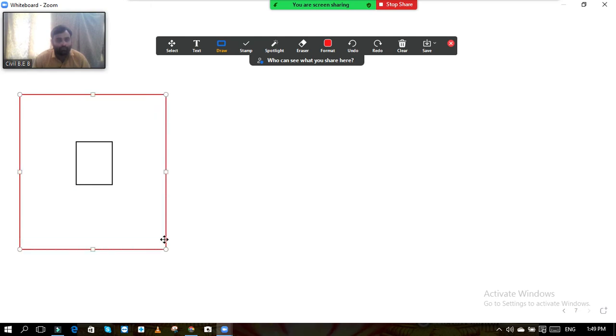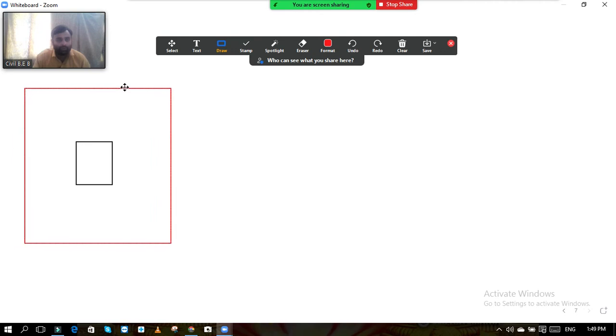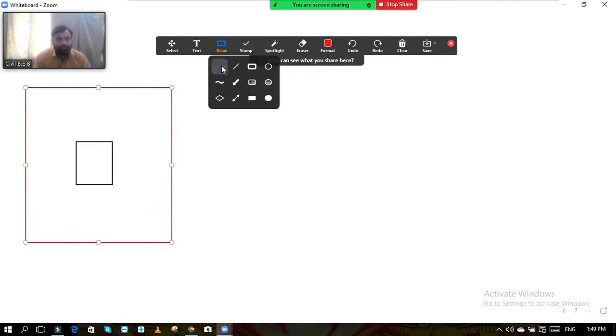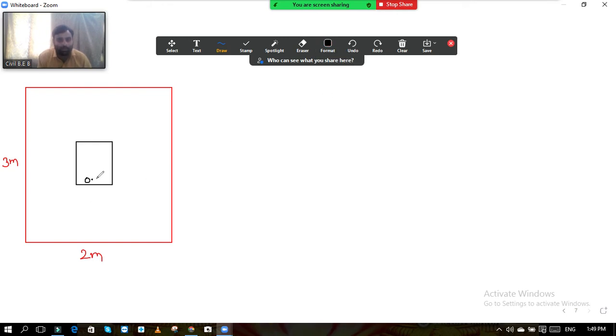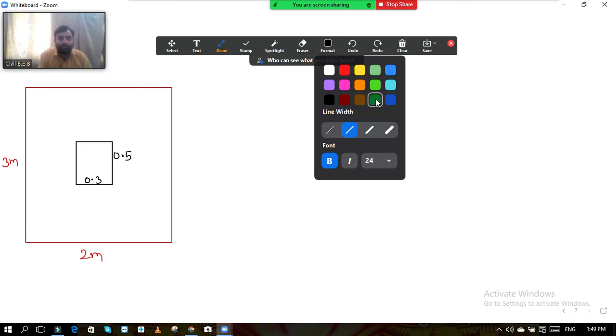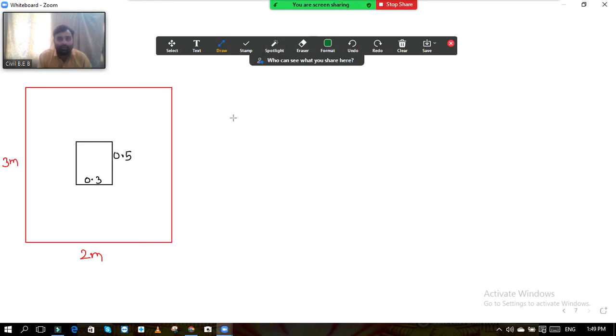Now if you write down the dimensions, this side is 2 meter, this side is 3 meter, and for the column this is 0.3 and this is 0.5. Okay, now the critical section, if I show you over here, is at a distance d.